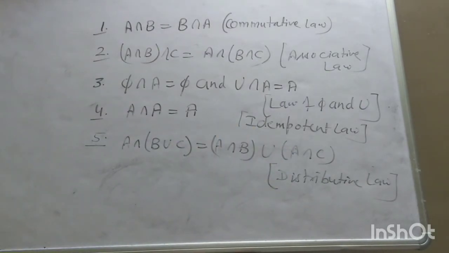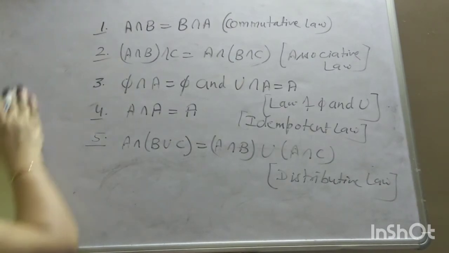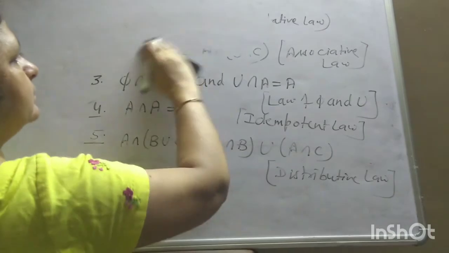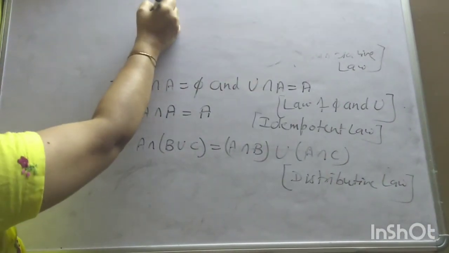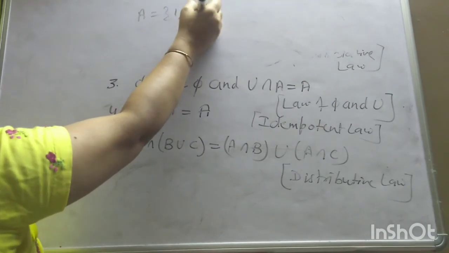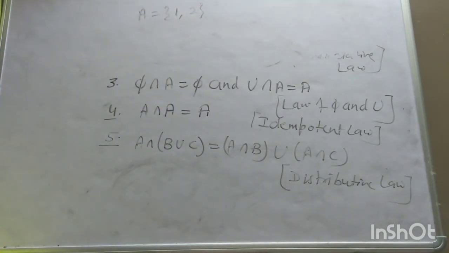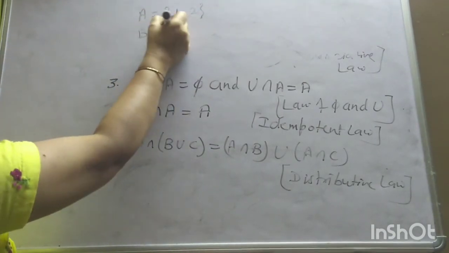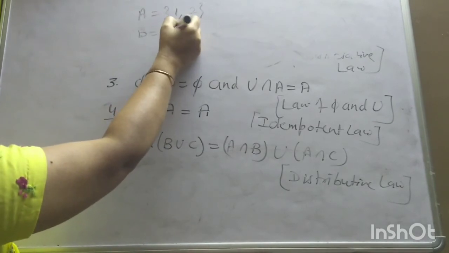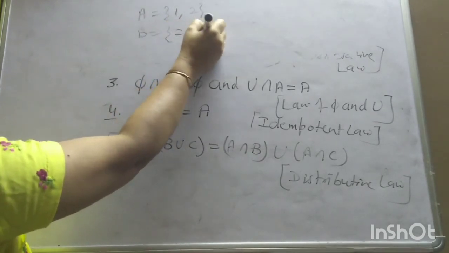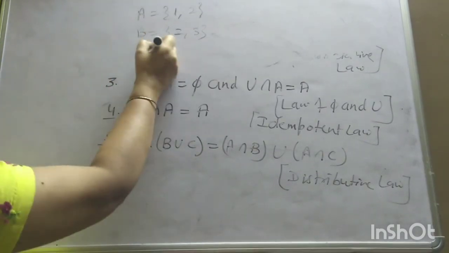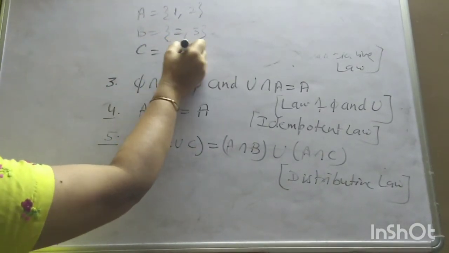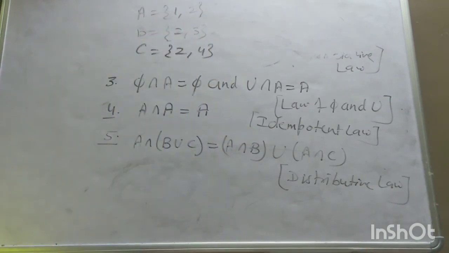For example, if we have {1, 2} as the elements of set A, set B is {2, 3}, set C is {2, 4}.